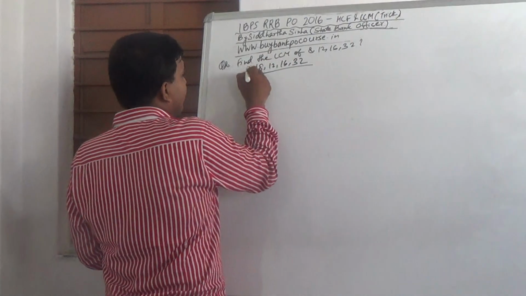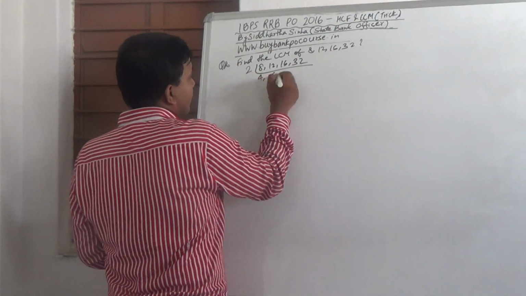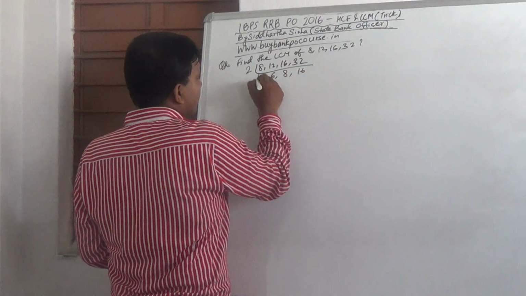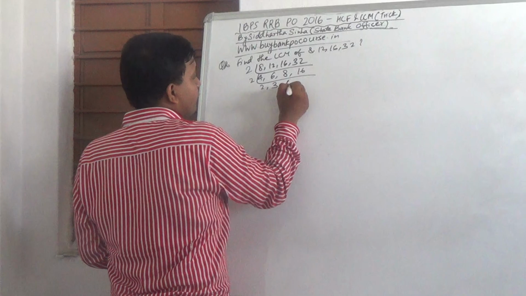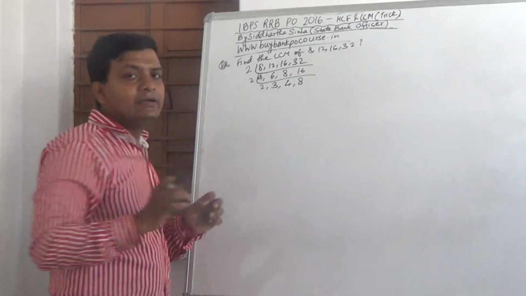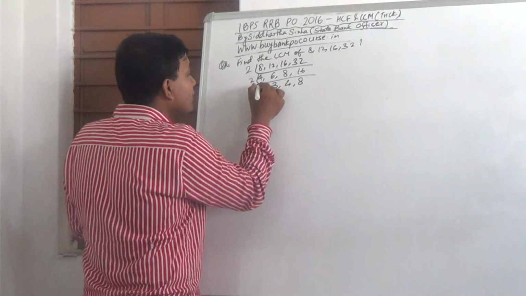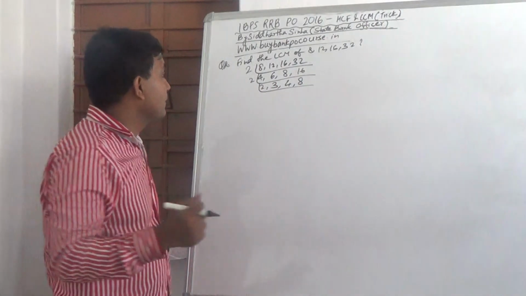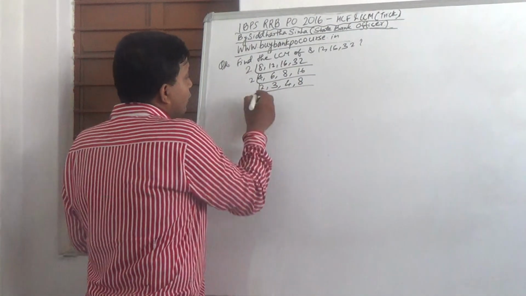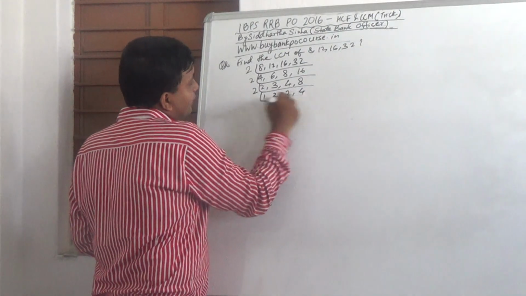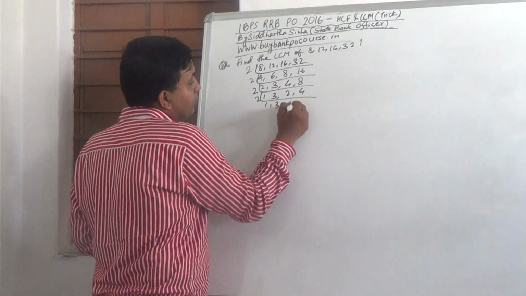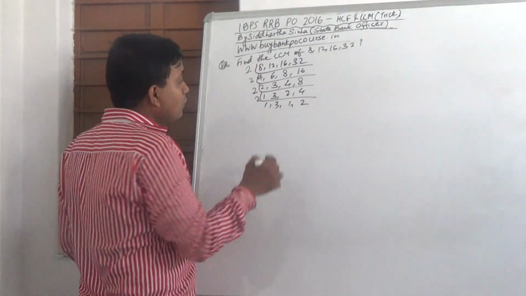Divide by 2: 4, 6, 8, 16. Once again divide by 2: 2, 3, 4, 8. Divide until at least two numbers are divisible by a common factor. 1, 3, 2, 4. Once again divide by 2: 1, 3, 1, 2. This is the thing. So what's your answer?